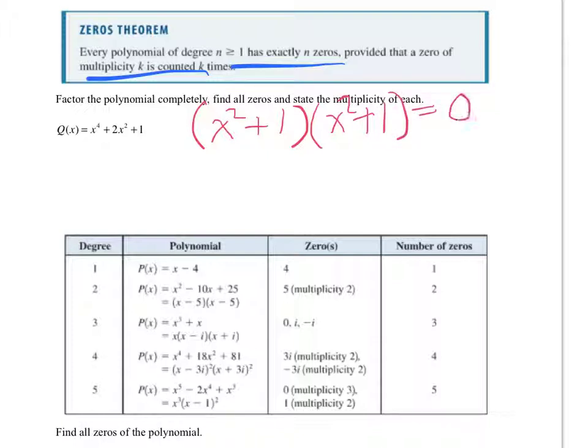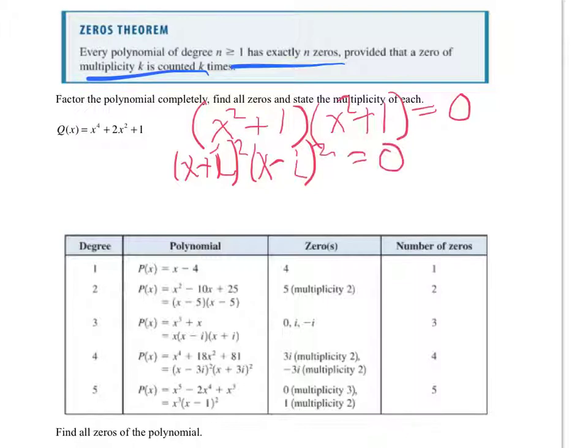I set that equal to 0, so x squared plus 1, of course, is factorable as the sum of two squares. That's x plus i, x minus i. But the other x squared plus 1 has the same exact factorization, so I actually have x plus i squared and x minus i squared equals 0.